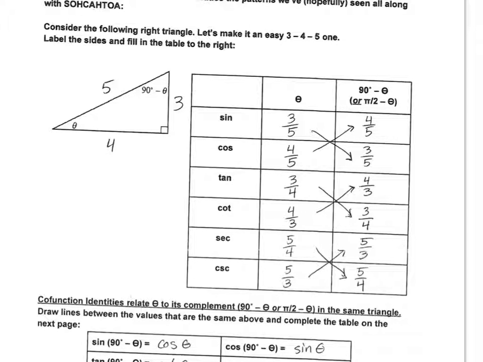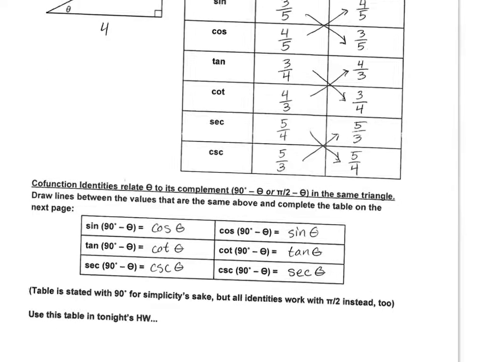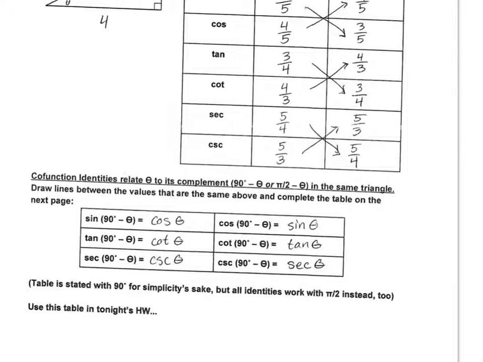So you can see the cofunction identities at the bottom here, again, are going to relate an angle to its complement, and so we could see that as 90 minus theta, or we could possibly see that as pi over 2 minus theta in one of our simplification examples. And as you can see, we kind of drew lines here between the ones that matched up, right?